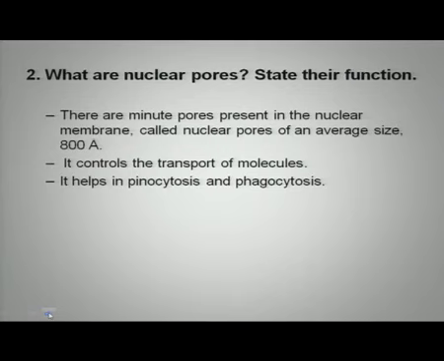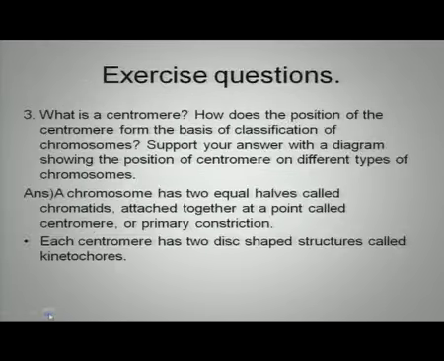What are nuclear pores? Already have listened the definition and structure, function. Centromere also, what is a centromere and how will you classify chromosomes based on centromere? We have already covered this.